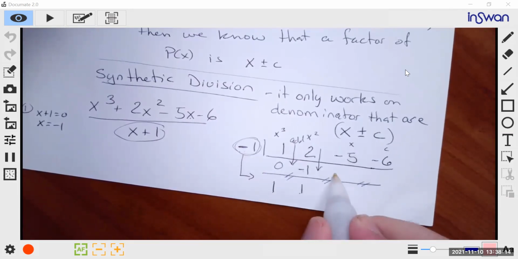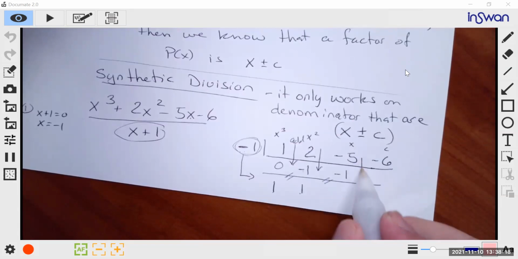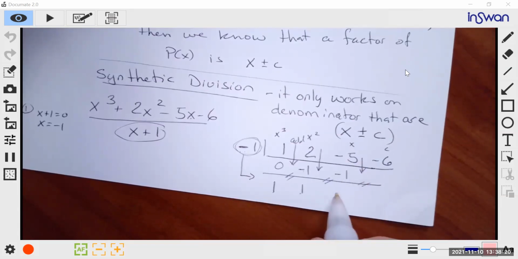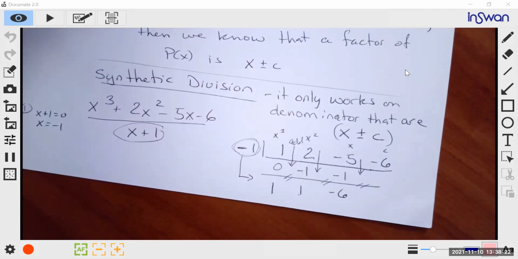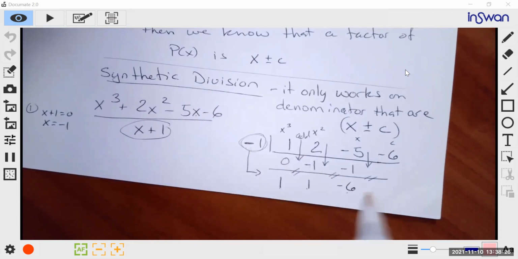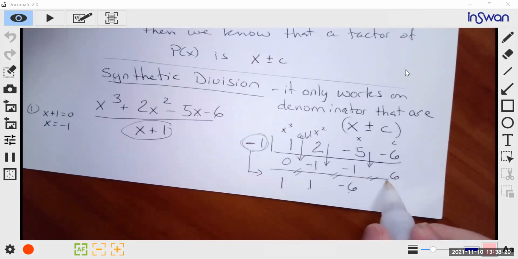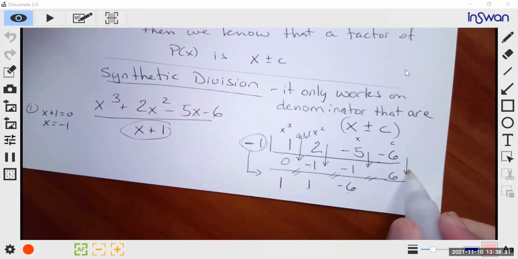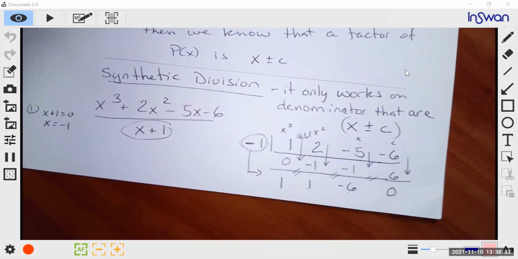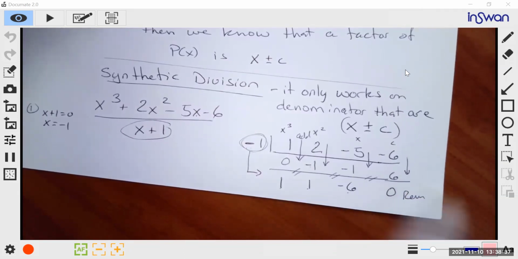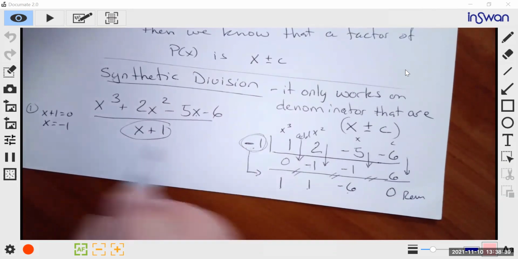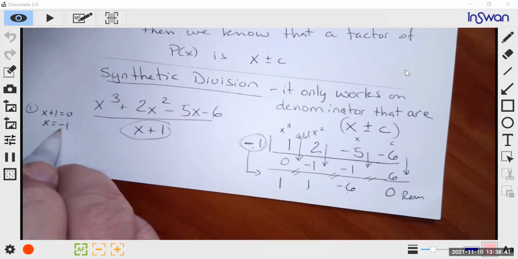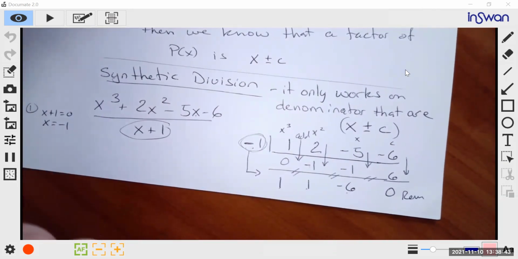-1 times 1 is -1. Add. -5 plus -1 is -6. -1 times -6 is 6. And we add, -6 plus 6 is 0. This is your remainder. That means x equals -1 is a solution, which means that x plus 1 is a factor.